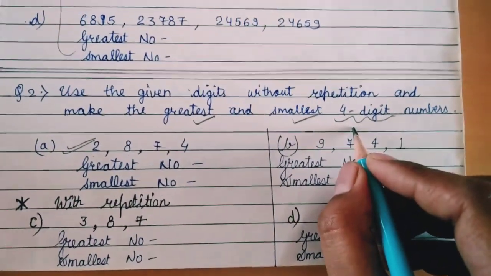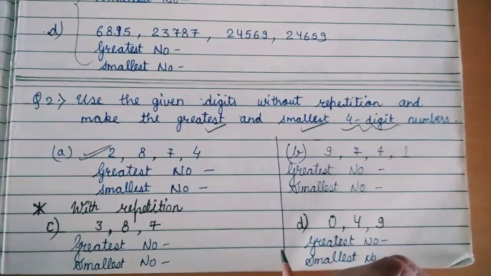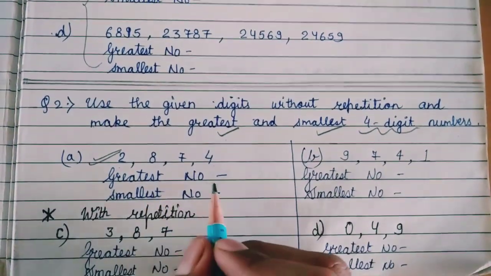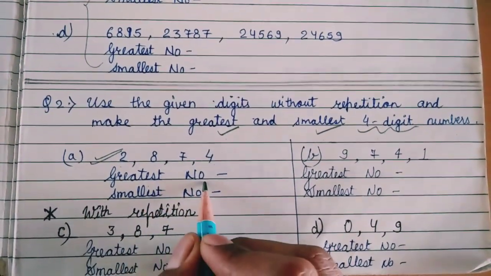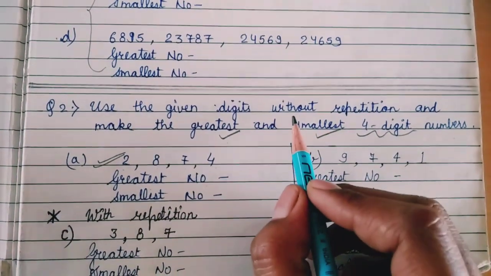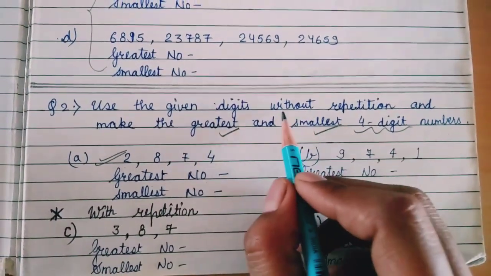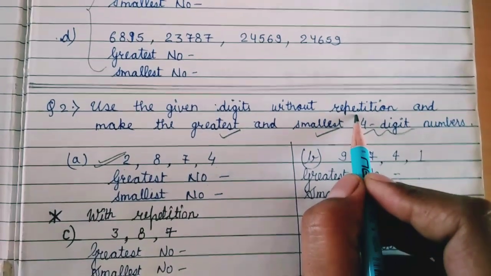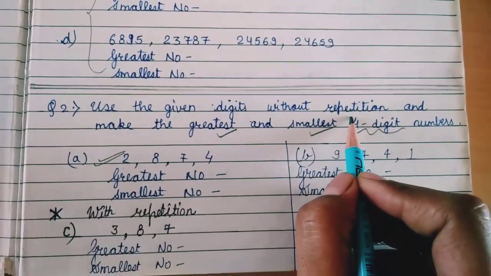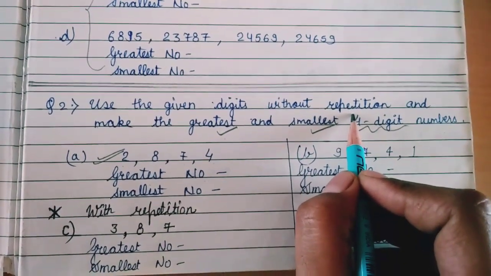How many digit numbers do we need? We need 4 digit number. Okay. So for the greatest number, and here again I am repeating that the question is asking for without repetition. Okay.